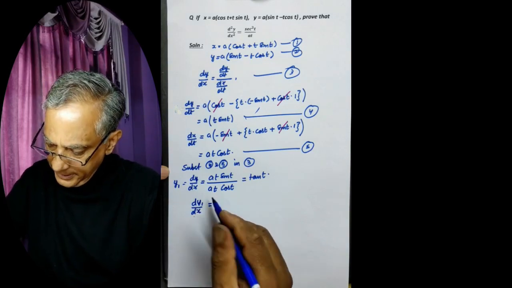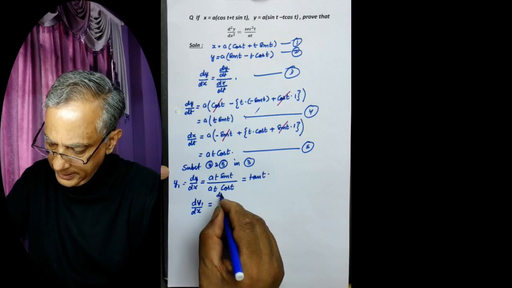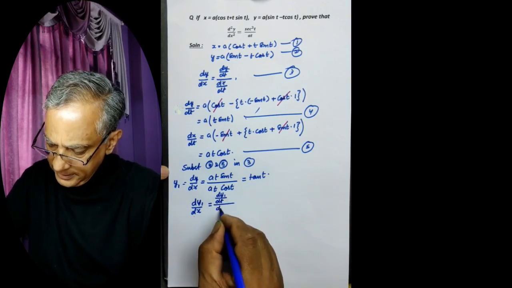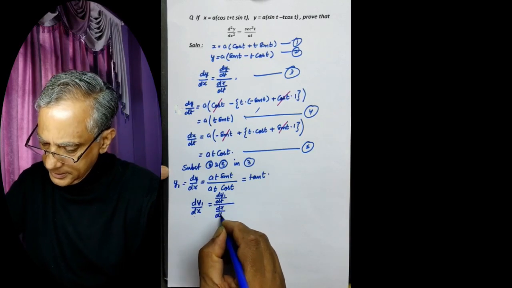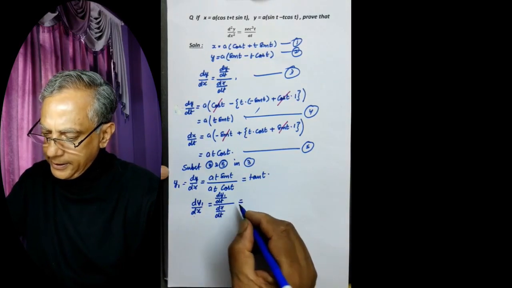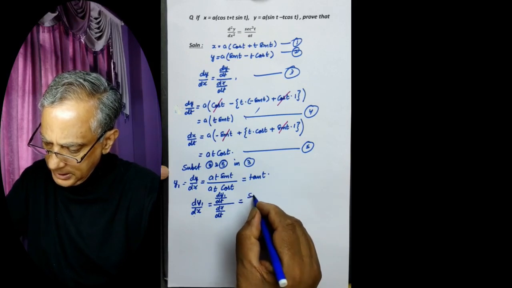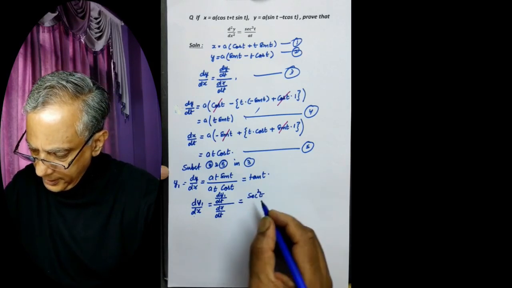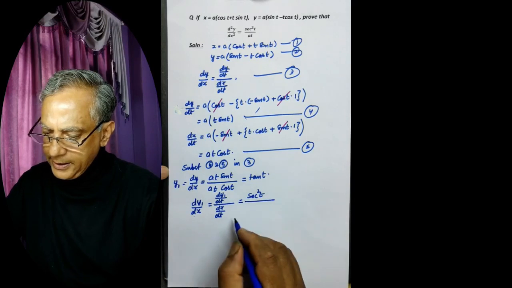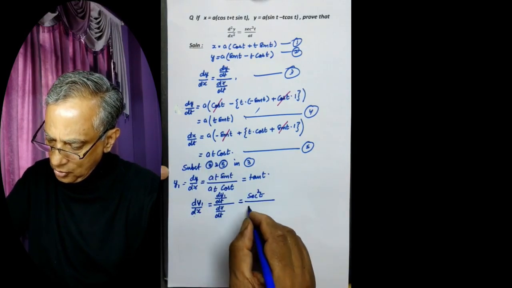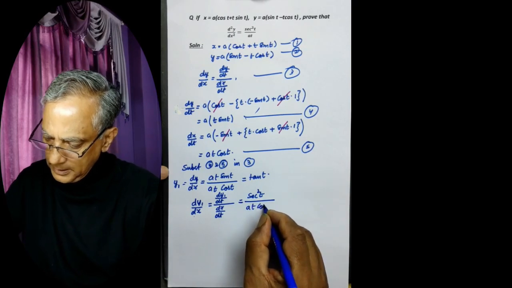So this will be dy1 by dt whole divided by dx by dt, and this is equal to differentiation of tangent is secant square t whole divided by dx by dt, and dx by dt is a t cos t.